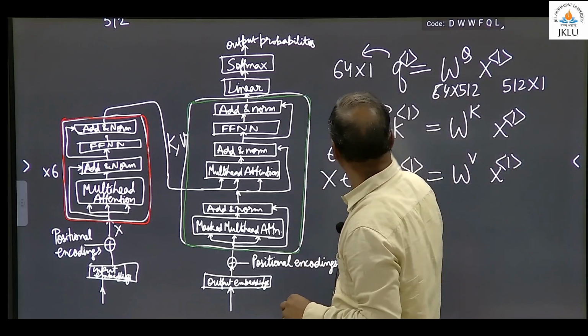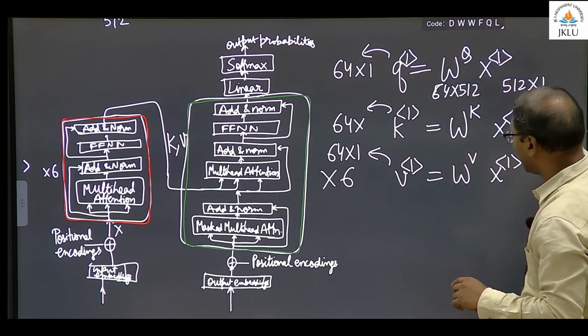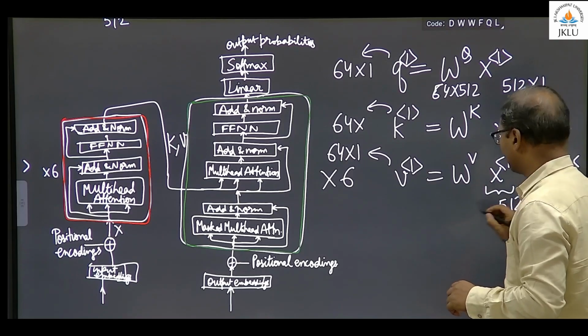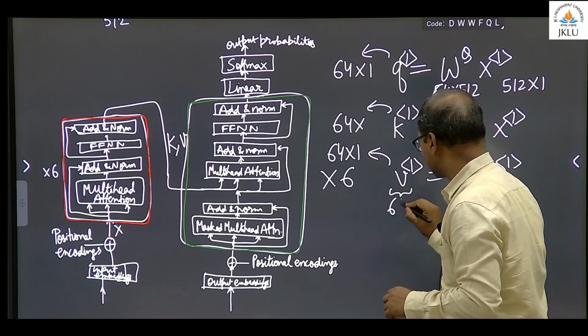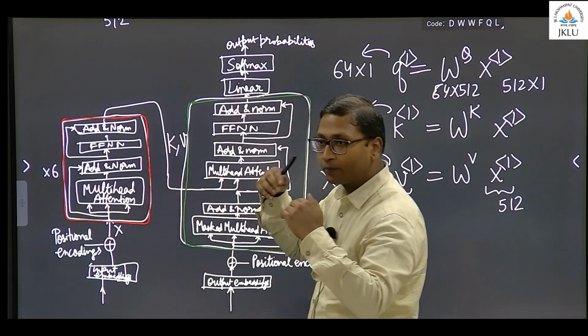What next? I have Q1, K1, V1. This is coming from X1. X1 was 512. This guy is 64. Let's leave that right now. So how will I compute the output?